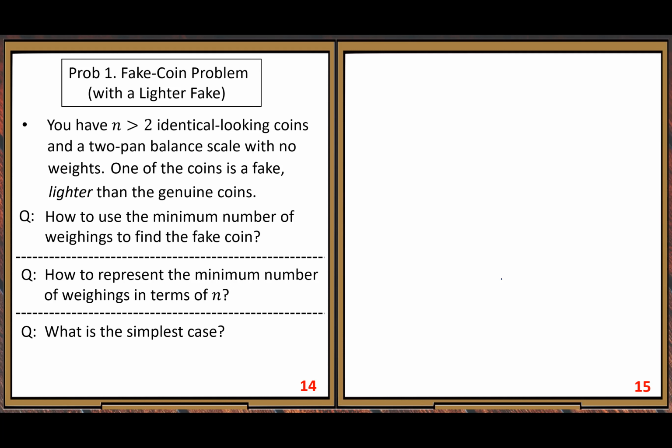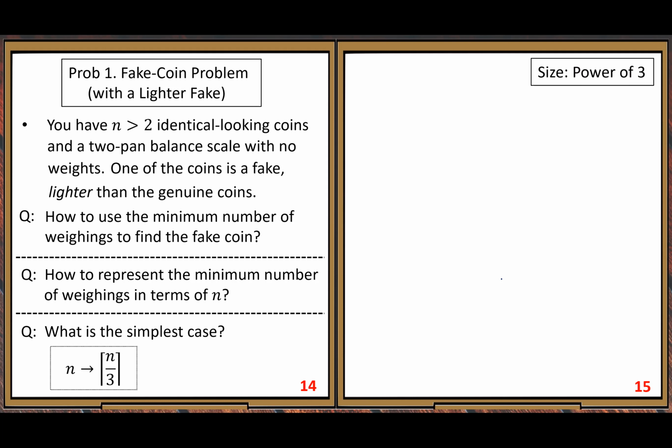That will correspond to n equal to a power of 3. Because when you divide n by 3, it is always a multiple of 3. So the only n that allows us to do that is a power of 3. All right, so the simplest case.